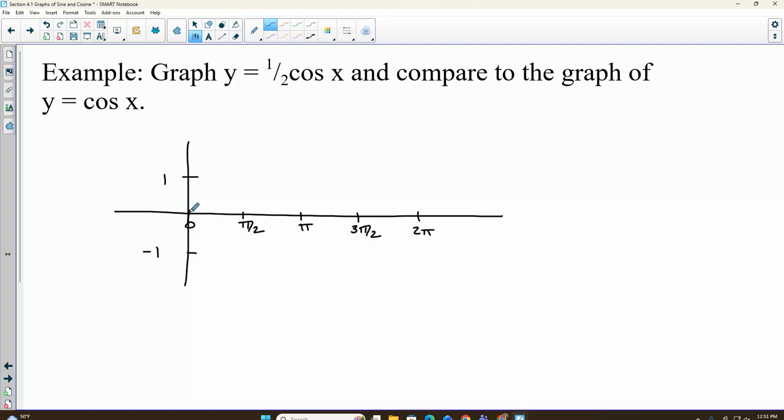All right, what's the cosine of 0? Cosine of pi over 2 is 0. Cosine of pi is negative 1. Then we come back up, at 3 pi over 2 is 0. 2 pi, we're back where we started at 1.